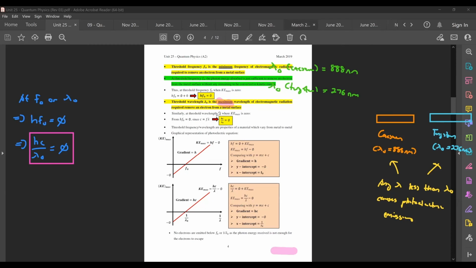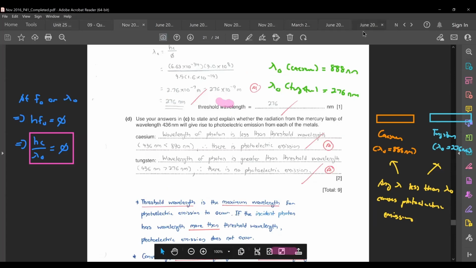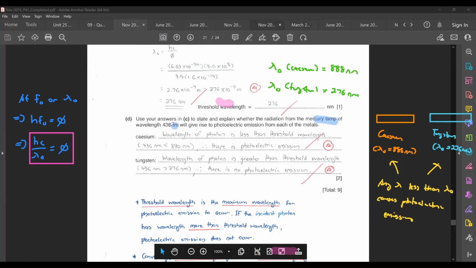Any wavelength less than that maximum ought to be able to give you photoelectric emission. So that's what you're trying to do here. They already told you that your mercury lamp has a wavelength of 436 nanometer. So imagine this one is your mercury lamp, emitting EM radiation whose wavelength is 436 nanometer.